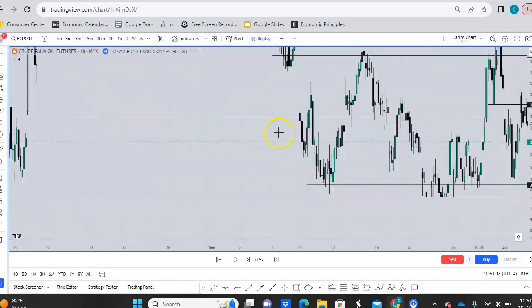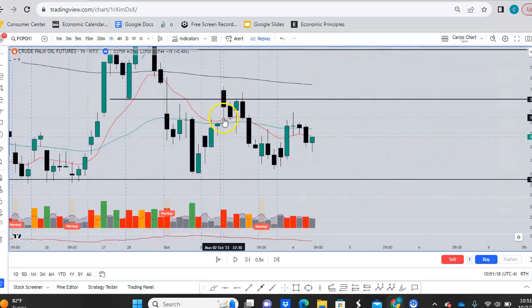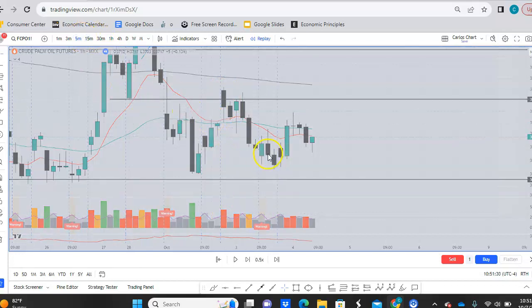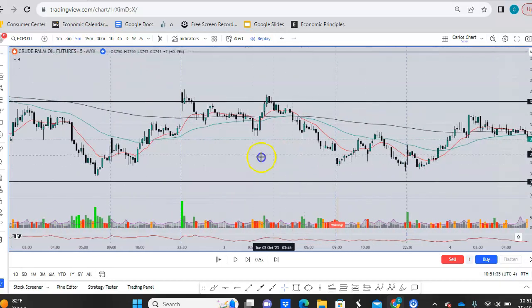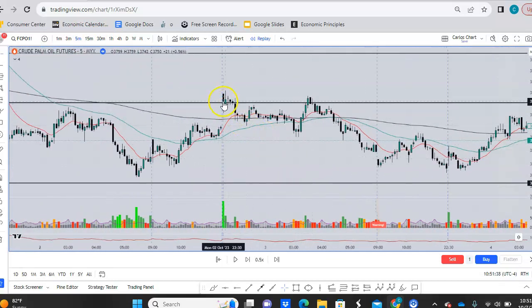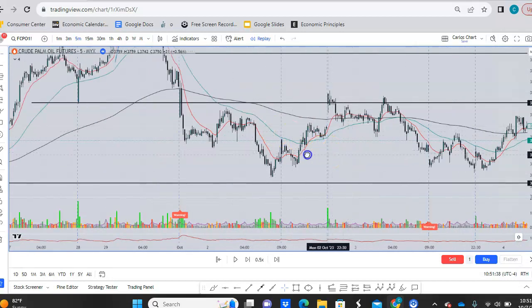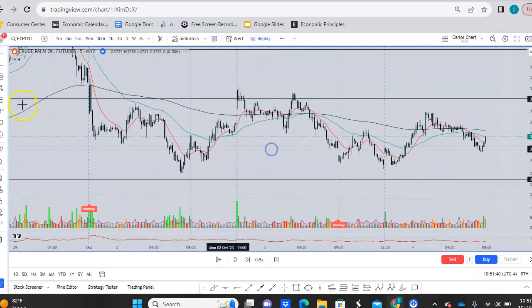Actually, let me see if you can see it in the 1 hour. Okay, there is volume here, so we want to investigate who does this volume belong to, and we can do that using the 5 minute. As you can see, it was a seller hitting it. So let's backtrack a little bit.